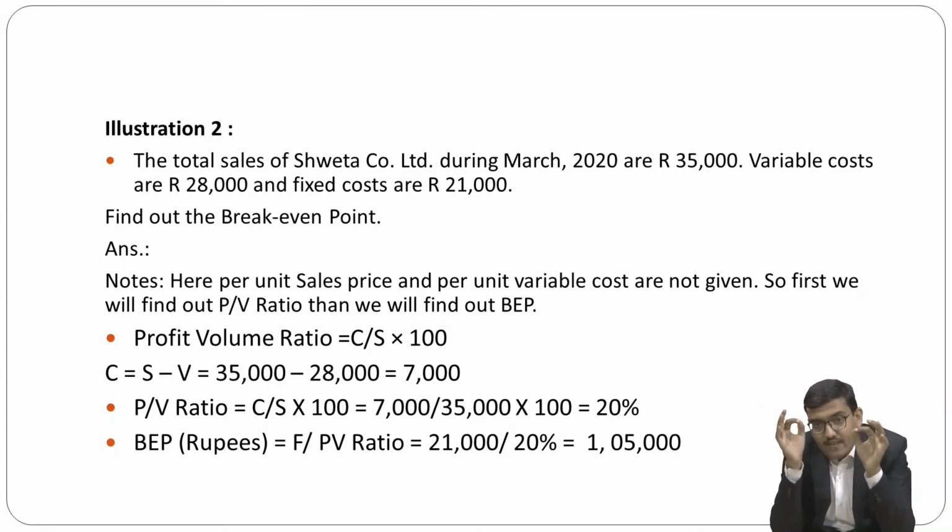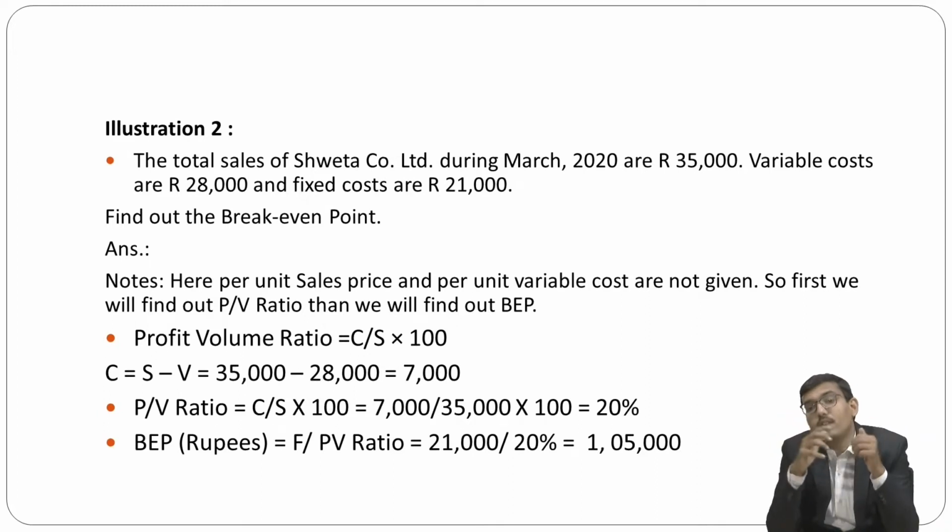So here the variable cost is 28,000, sales is 35,000 and fixed cost is 21,000. So you will be in a suffering position, that is a loss, not a profit. Yes or no, my dear friends? So this is what ultimately gives you the brief idea with respect to this particular BEP chart.